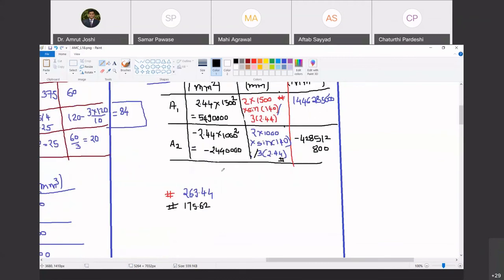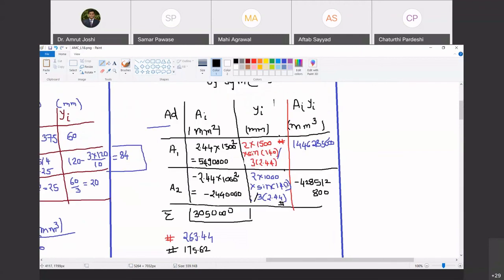So let us work out now. What is the summation of Ai? So 305,4 times 0. And what is the summation of AiYi? So 101,777,2800.